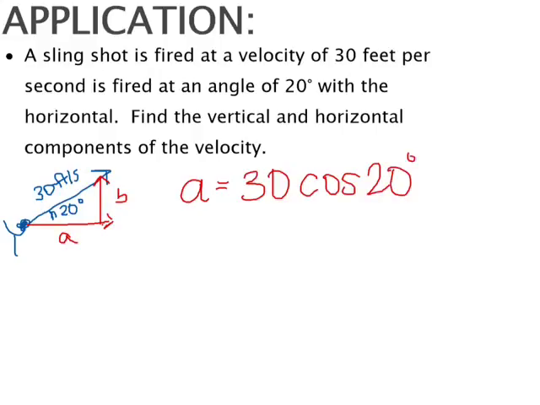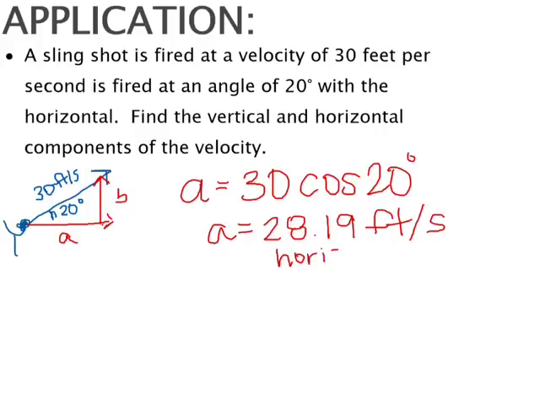So our magnitude is 30 feet per second. Our angle is 20 degrees. So when we take 30 times the cosine of 20, we get 28.19, and it's going to have the same label as our magnitude, 28.19 feet per second. So that's the horizontal component.